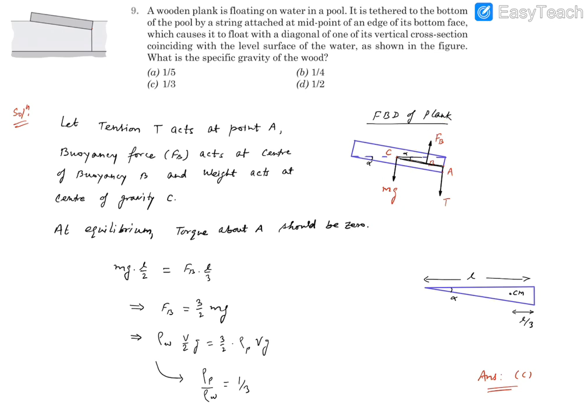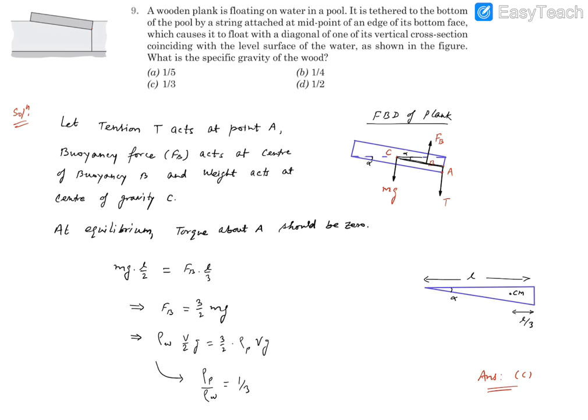So both must balance: the torque of mg must equal the torque of buoyancy. Let's say this diagonal distance is L. So I have assumed the diagonal length to be L. From point A, the center point will be L by 2 in the horizontal direction.